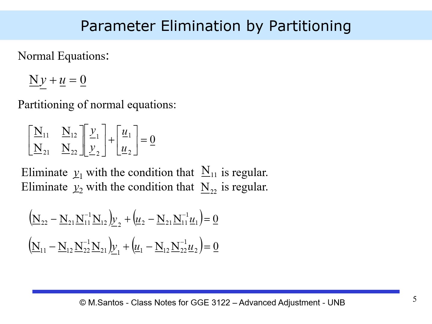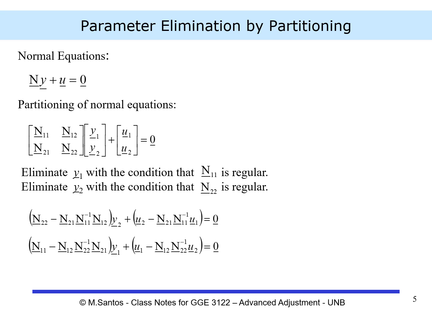We have 2 ways of dealing with it. We would have to develop the normal equations, which will lead us to 2 equations that we can use to eliminate y1.